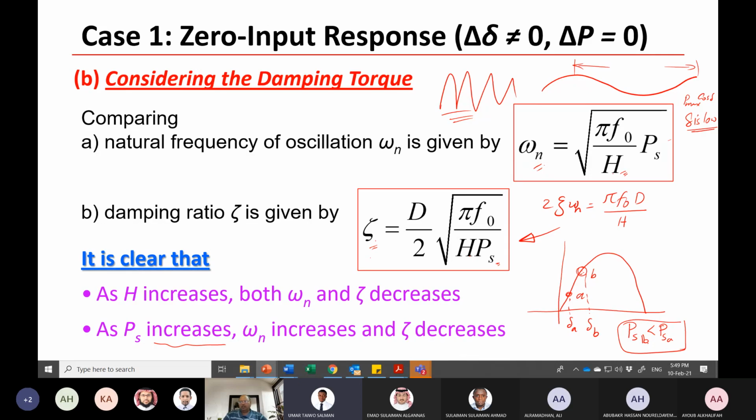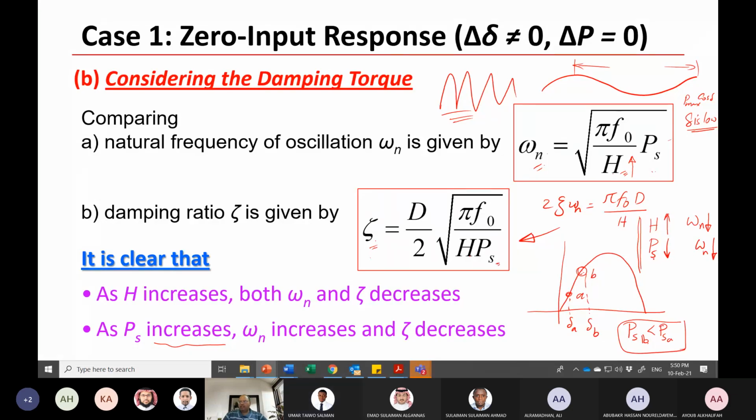Yes. Look at this. If the inertia increases, then omega n decreases. If H increases, omega n decreases. If BS decreases, omega n also decreases, right?